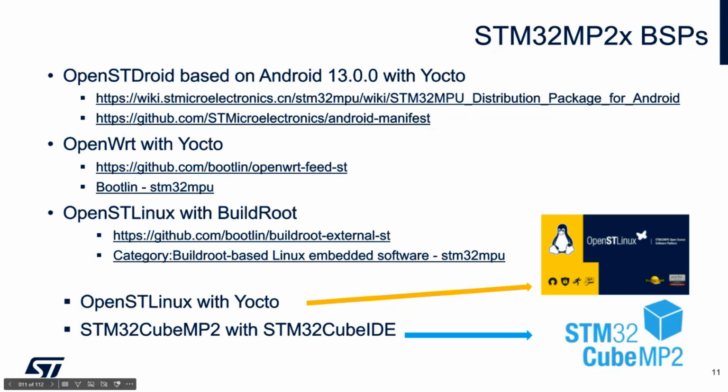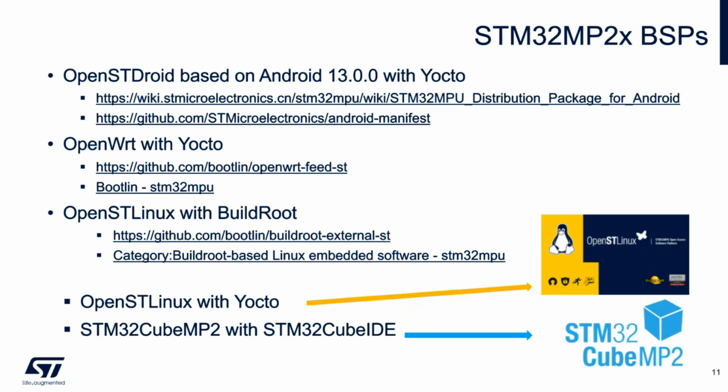You see, we have Android integration based on Yocto. This is for people who want to make some Android products. We have another BSP which is OpenWRT with Yocto, which allows you to make some platforms with this.